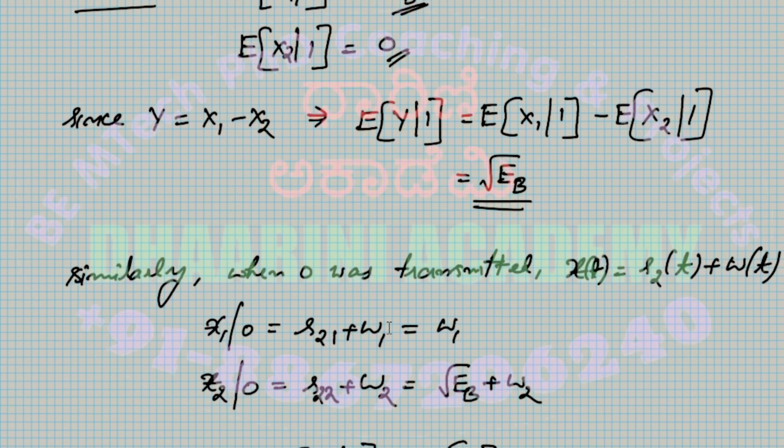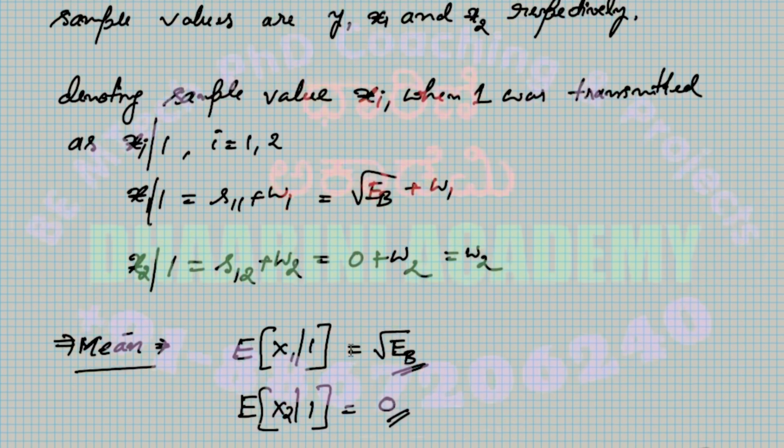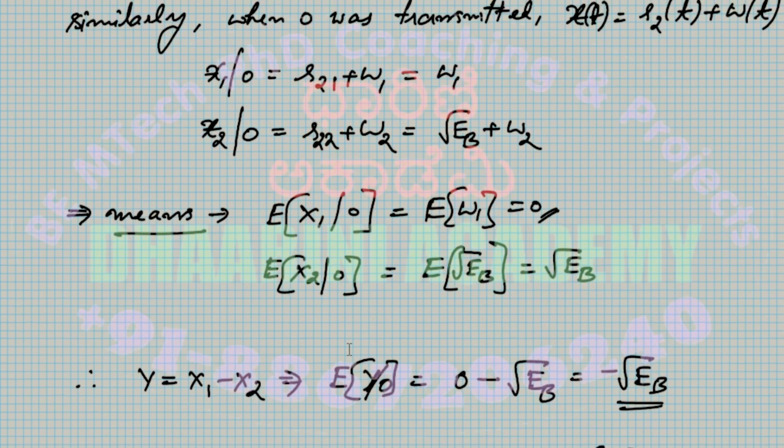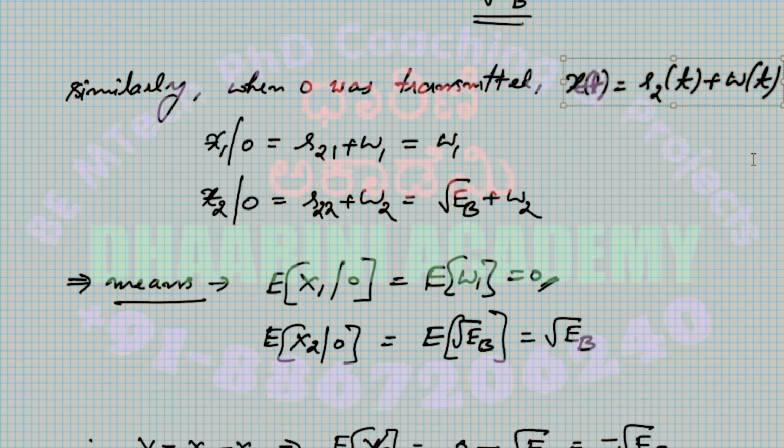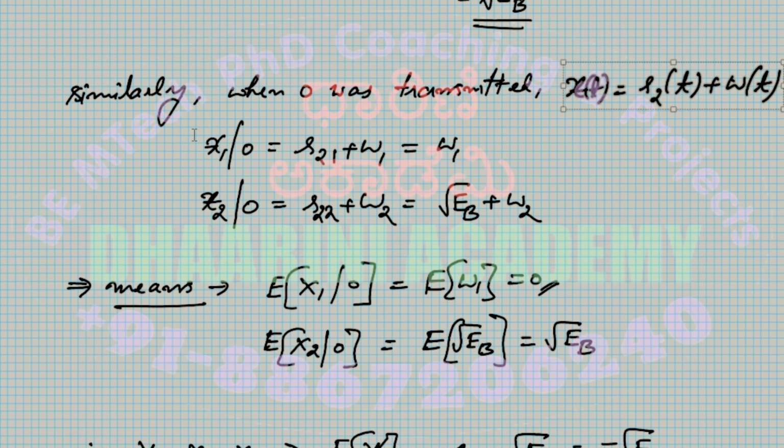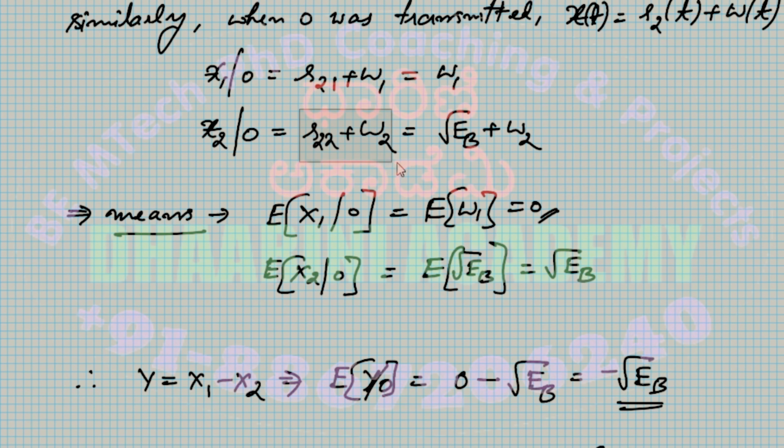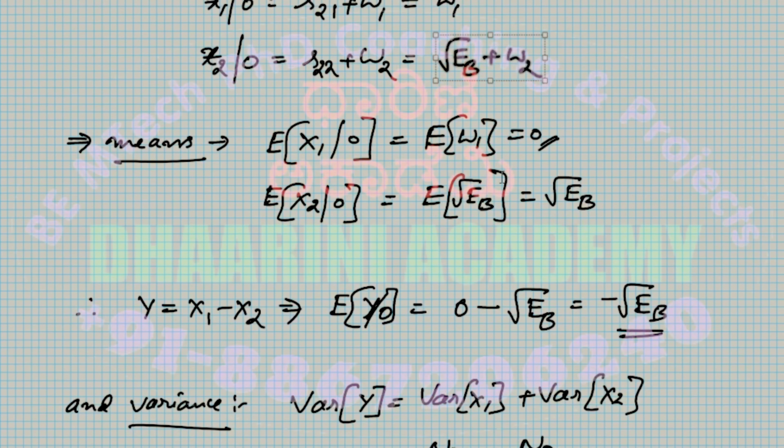Are you okay? Similarly, if that was for 1, do the same thing for 0. 0 means it is S2 plus W. So S2 plus W, I have two options. I can have S21 and S22. When S21 is received, it is only the S21 which is 0, so 0 plus W1 is W1. When you get S22, it is root Eb plus W, isn't it? So I have the two cases now. Calculate the means.